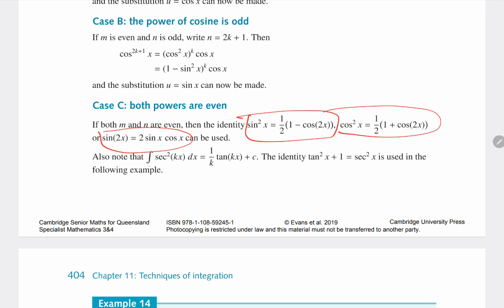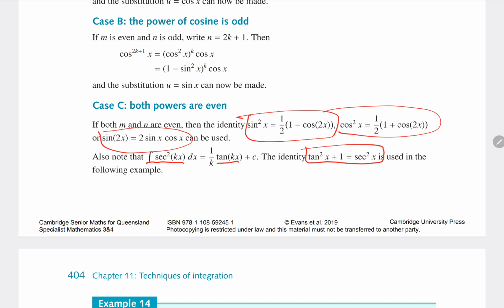You also need to remember that antiderivative of sec squared gives you tangent, and tangent squared equals sec squared minus 1 could also be used. You have to just know which identity to use. You have to practice all these questions, and then hopefully in the exam you'll think it's going to be this one, and you get it right.